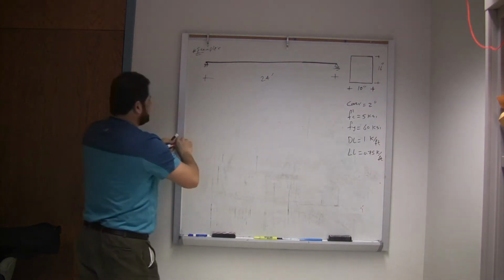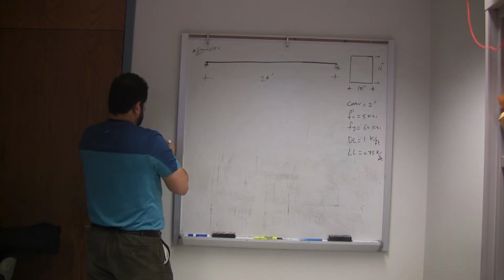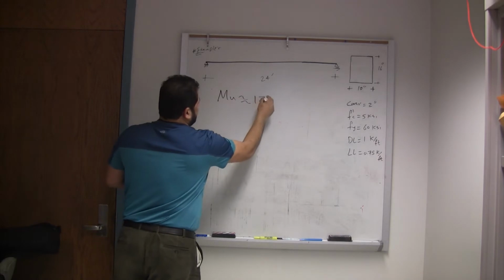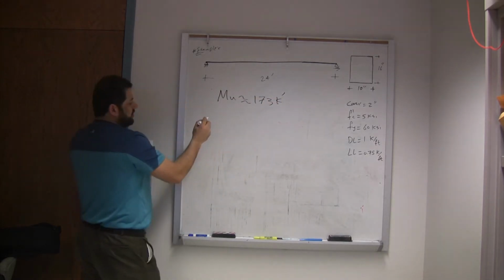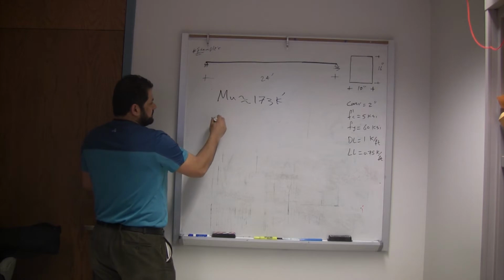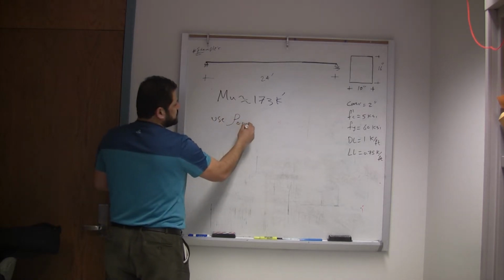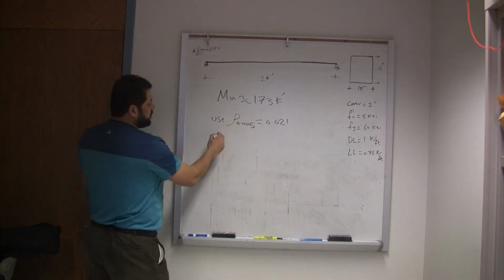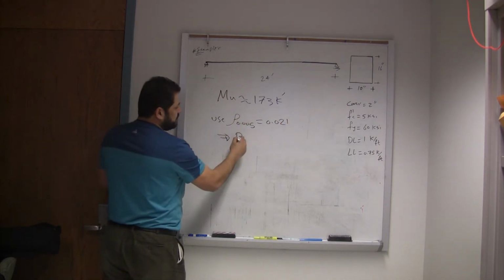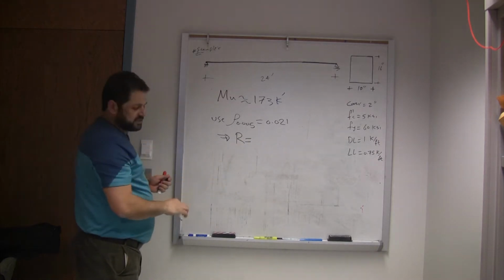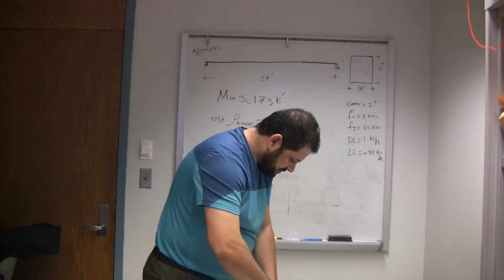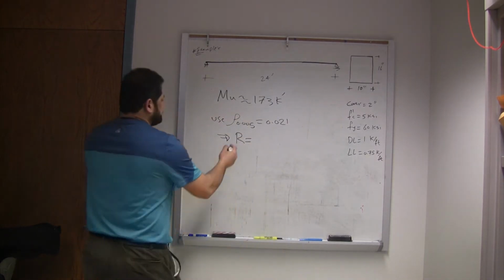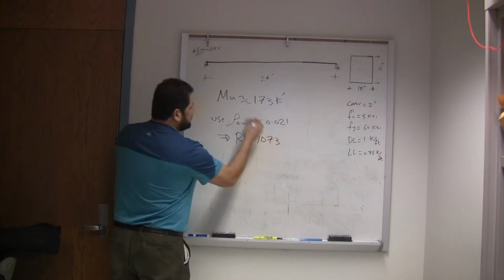So we said ultimate is how much? Almost 173, approximately 173 foot-kip. So look, I'm going to use rho 0.0213, which gave us R of 1073, from the table. Now just put these together.